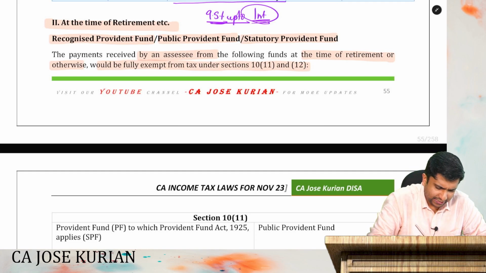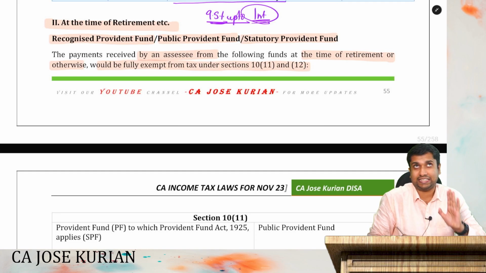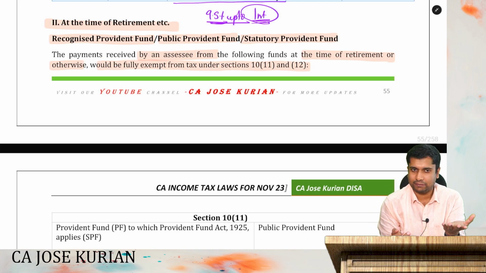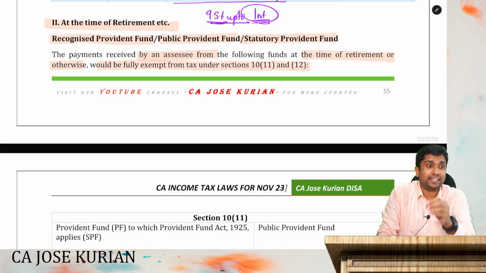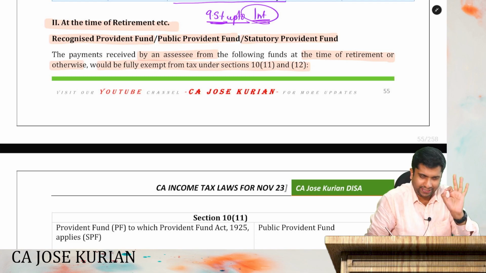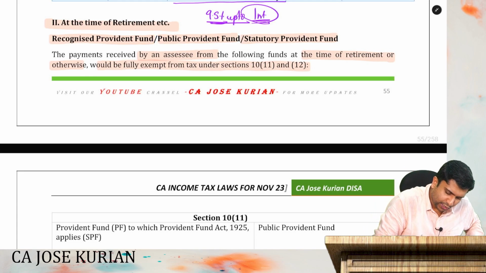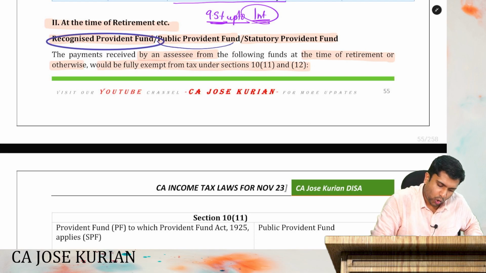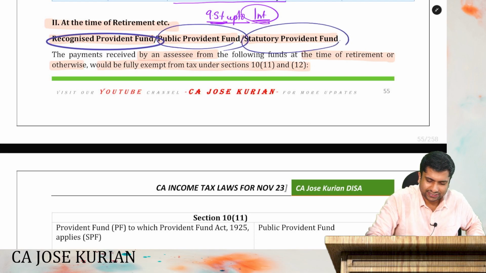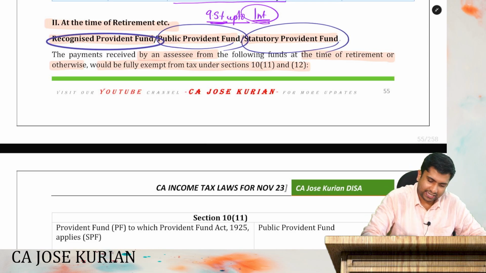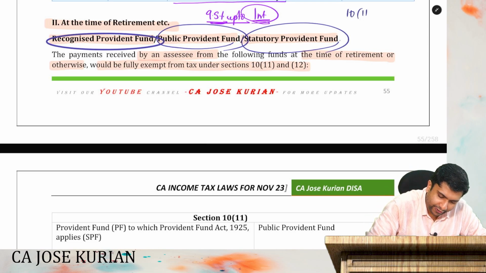Now listen, this wording is not that correct. Even though the department says full exemption, we will not get full exemption. There are certain conditions, limitations, etc. So I want to rephrase the sentence. When an employee withdraws from a recognized provident fund, a public provident fund or a statutory provident fund, he is eligible to get an exemption under section 10(11) and 10(12).